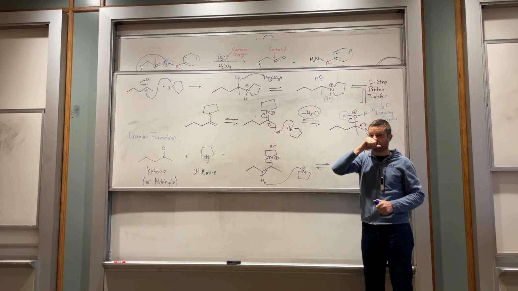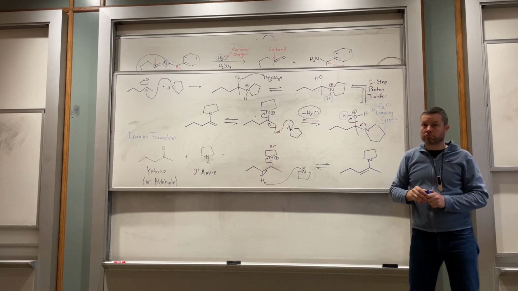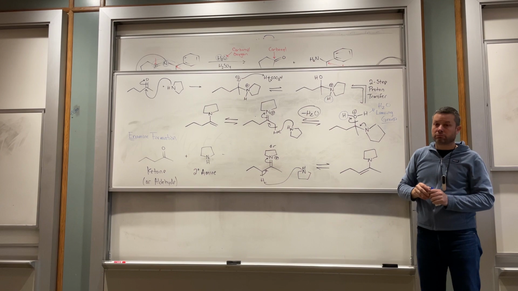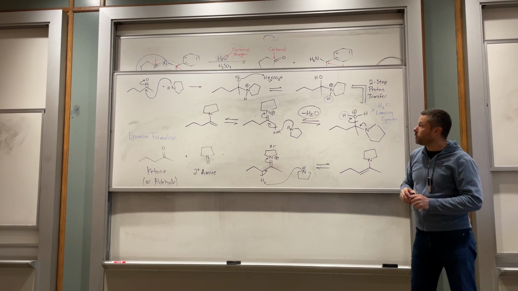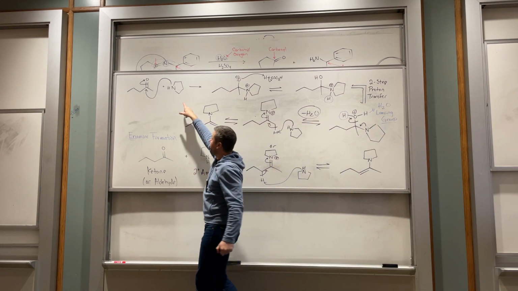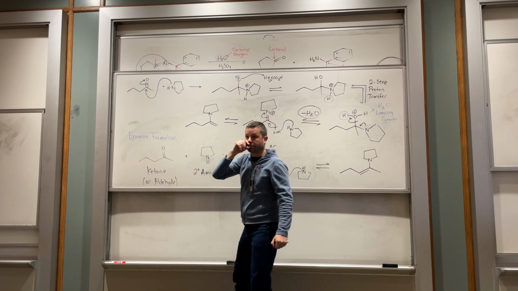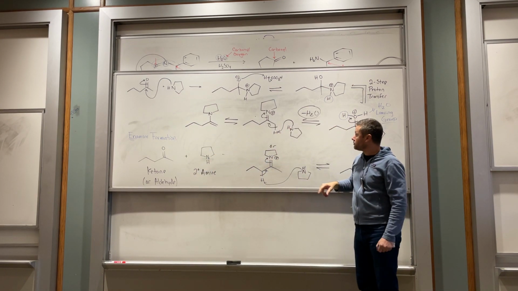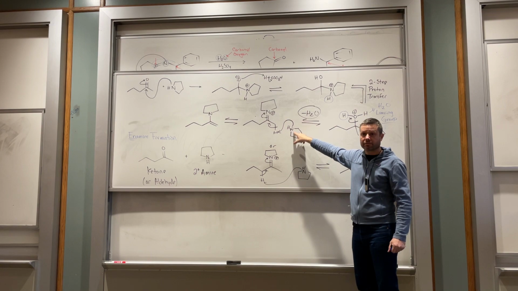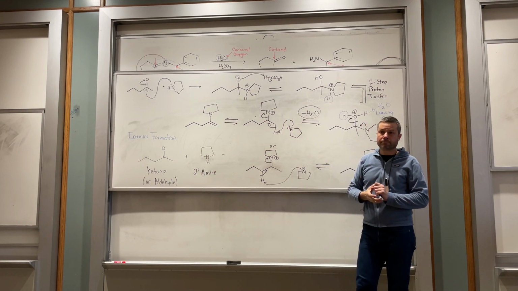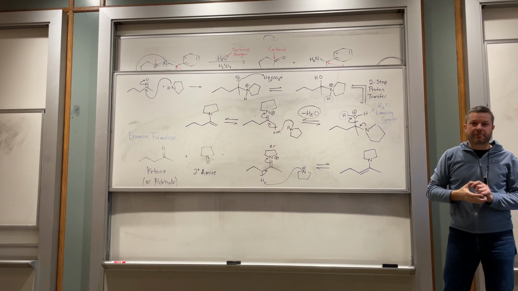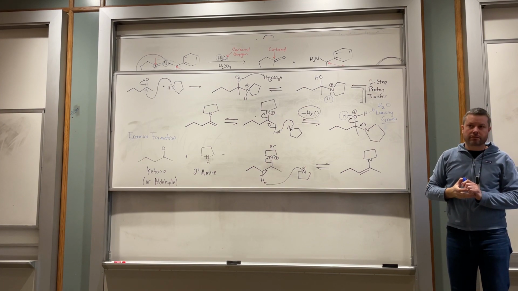Okay, and then you just added another amine group to be able to do that proton transfer. Well, we have the amine in the reaction at the beginning, right? So yeah, we're just using it as a base here. Does that make sense? Yeah.